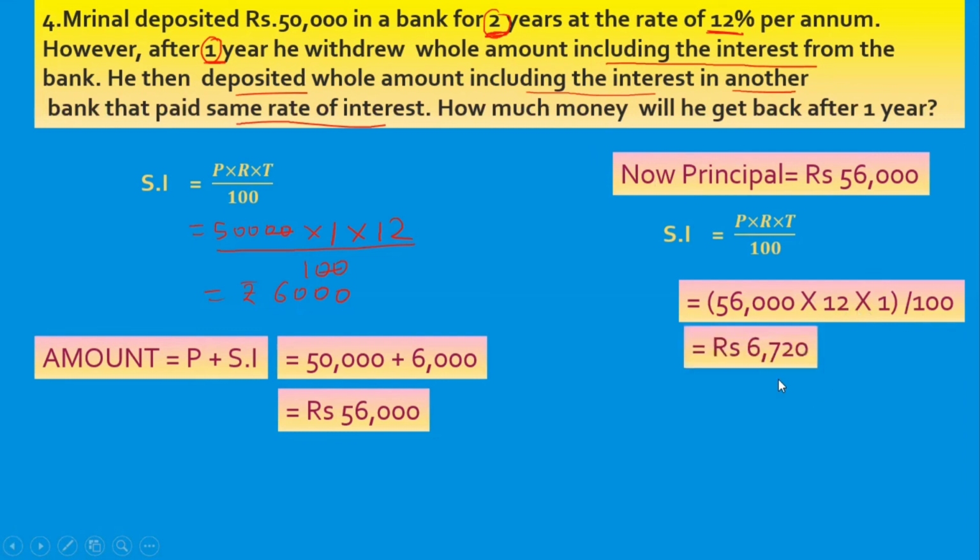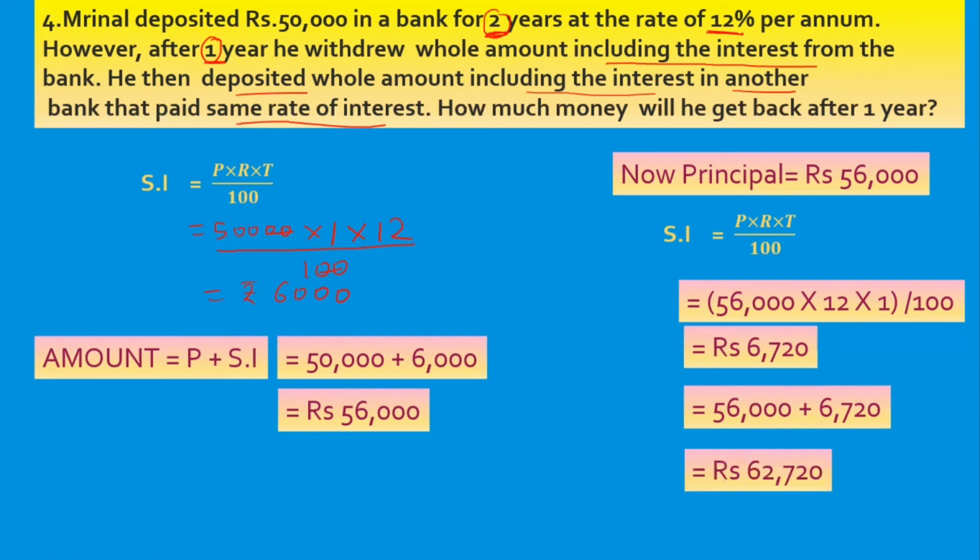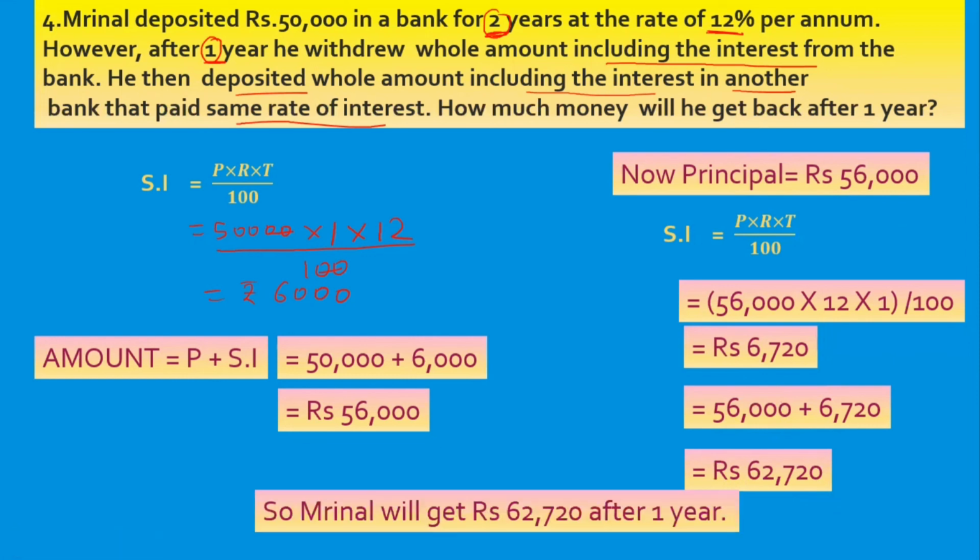So he got the interest as rupees 6,720. The money that he will get at the end of the year is the principal plus interest, which is 56,000 plus 6,720, that is 62,720. So the money he got after 1 year is 62,720.